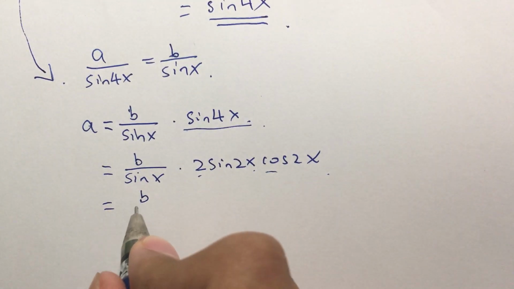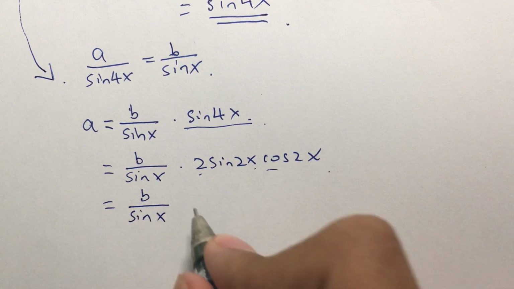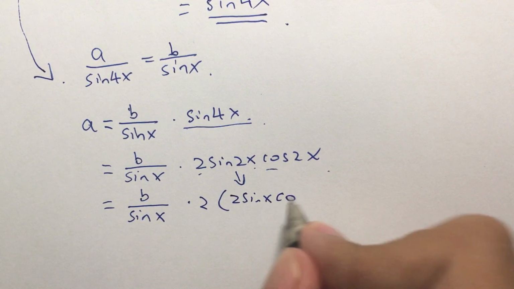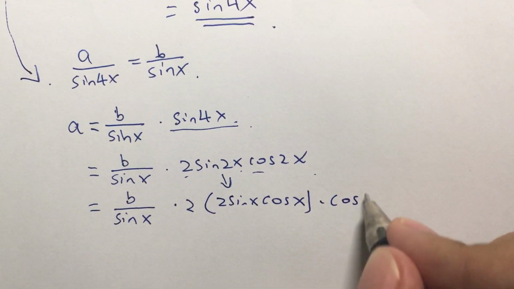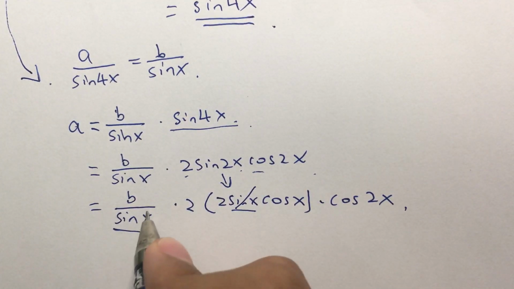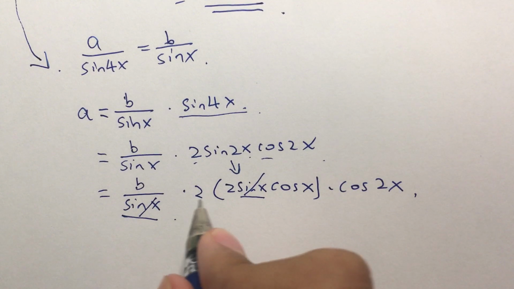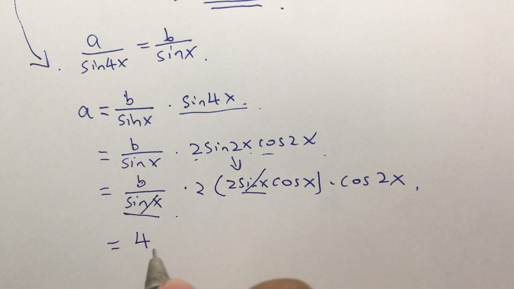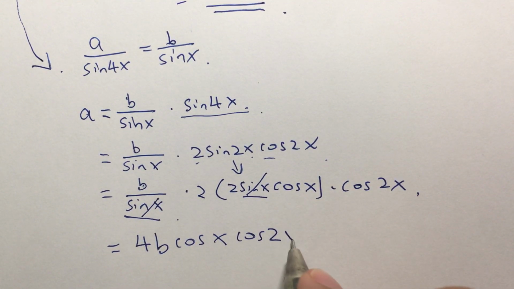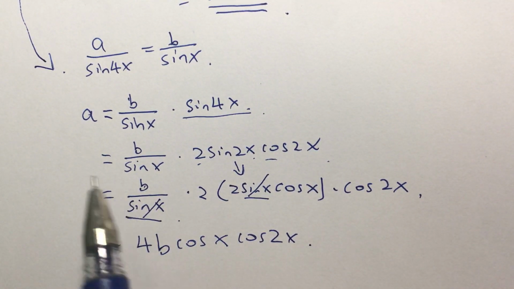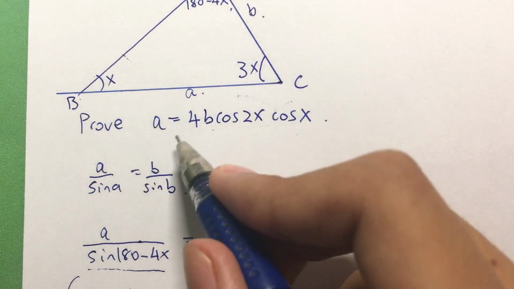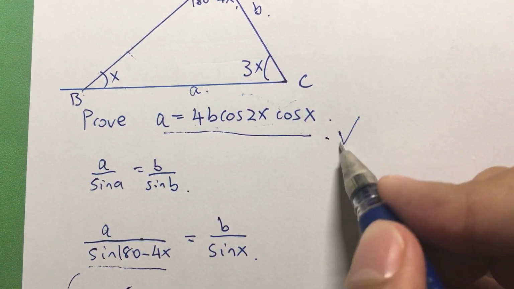Let's use the double angle formula again, which becomes 2 times 2 sine x cosine x times cosine 2x. Now we have sine x here, so we can cancel both of them. Here 2 times 2 becomes 4, and here's b, and we leave cosine x and cosine 2x. So we got a equals 4b cosine x cosine 2x, and that is what we want. So the proof is finished.